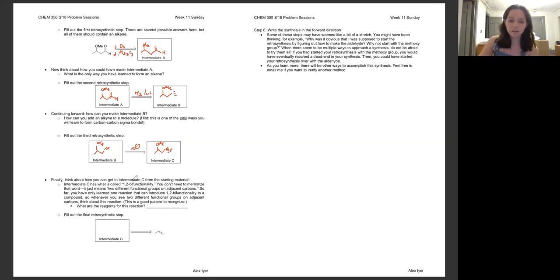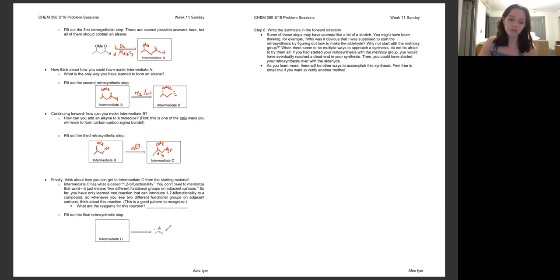All right, so finally, we just need to make intermediate C from our starting material. This is great because intermediate C just has 1, 2, 3 carbons. So with only 3 carbons, we know our starting material has only 3 carbons.